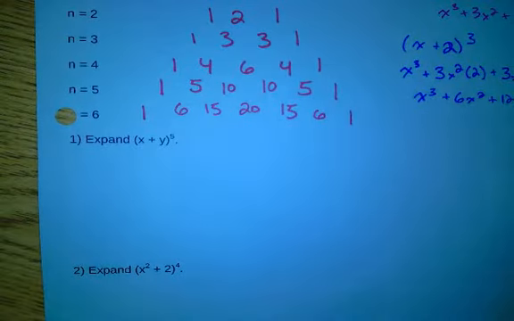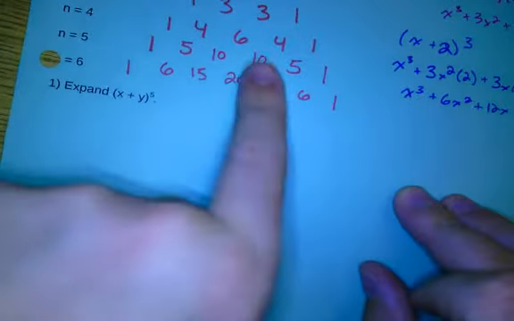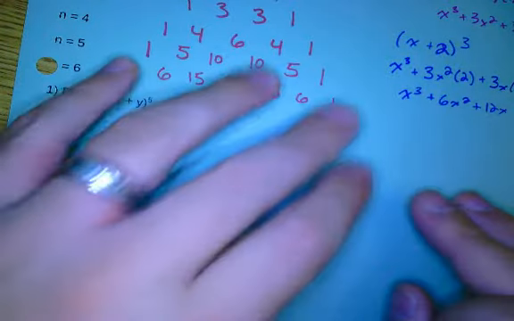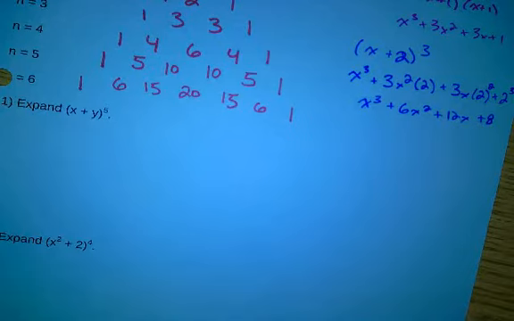If you notice, there's always one more term than the power. Why is there always one more term than the power? Very good, class, because we do a 0 power. We go from 0, 1, 2, 3, 4, 5, 6 terms.